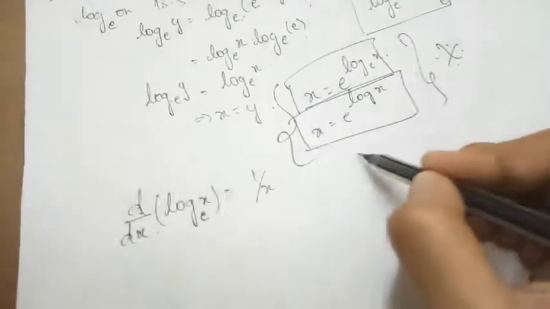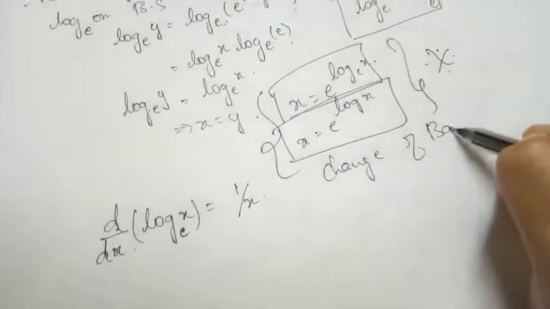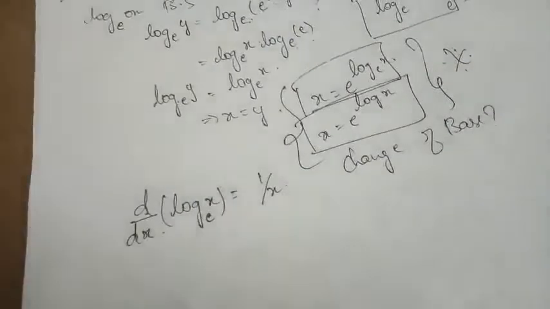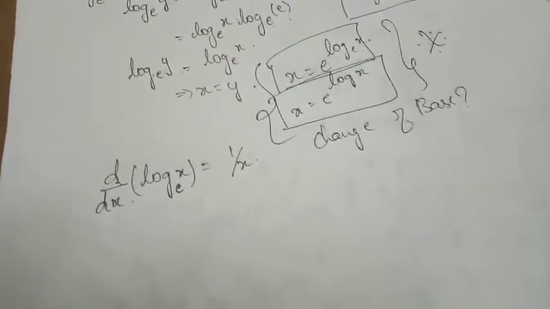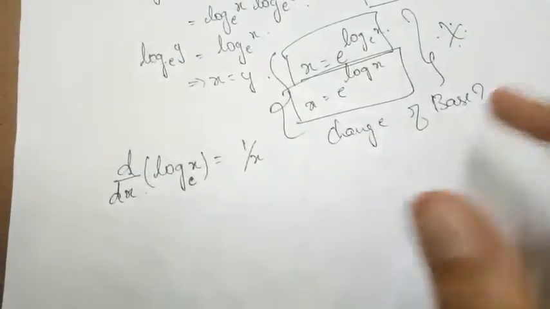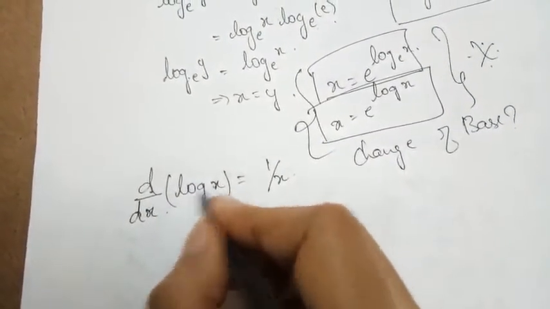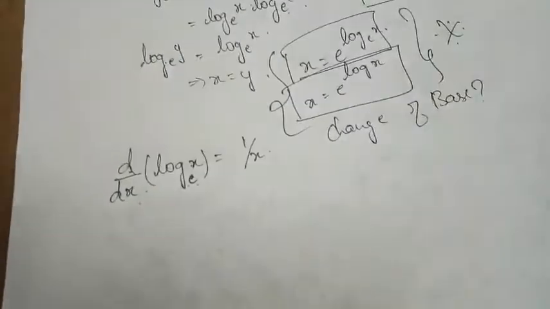As I said, when we are talking about the change of base, why it is required and how it is used, I said I will explain at the end of this video. While we are talking about log, we know that d by dx of log base e of x is equal to 1 by x.